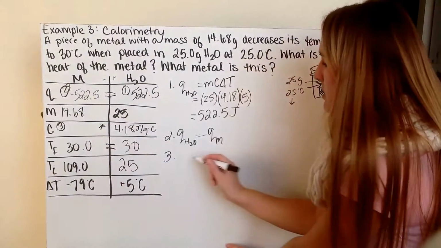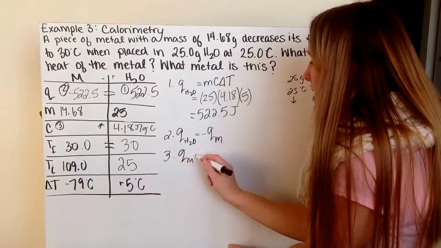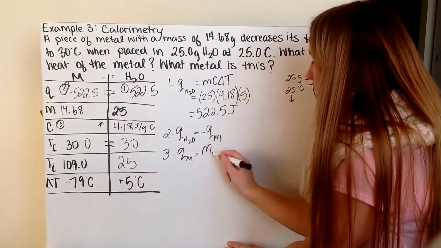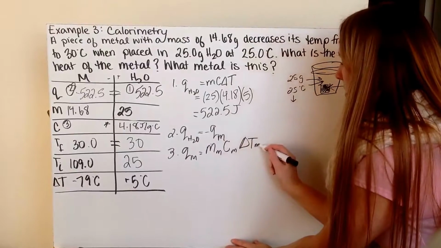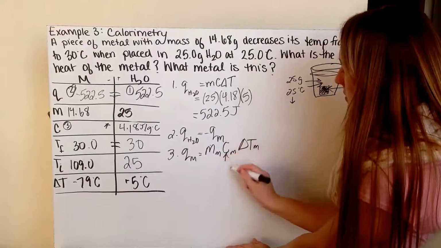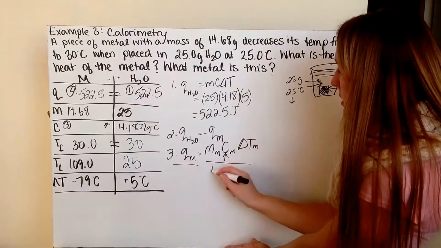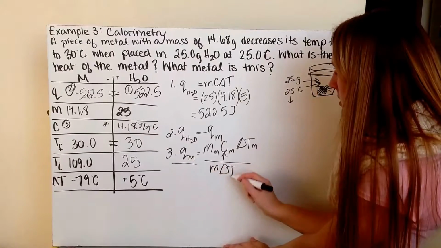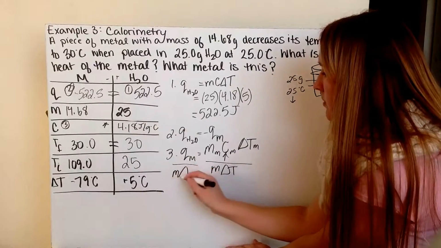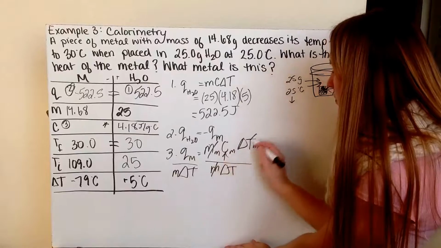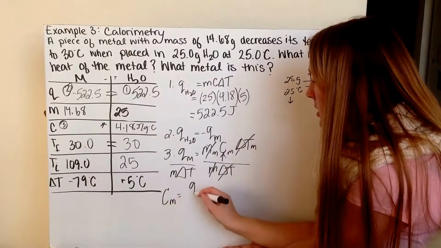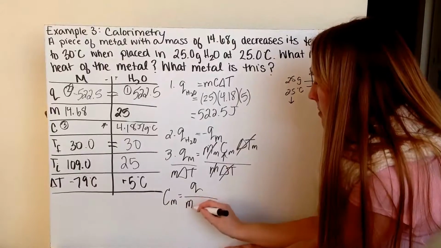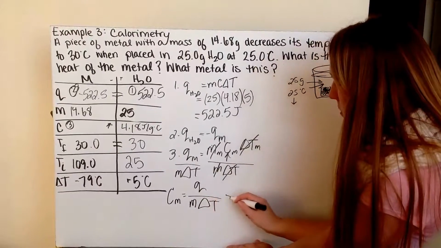Now step 3, I have my Q, my mass, my change in temperature. I can solve for specific heat. Q of my metal is equal to the mass of my metal, specific heat of my metal, change in temperature of my metal. Looking for specific heat, so I divide both sides by mass times change in temperature. So specific heat of my metal is equal to the Q over mass times change in temperature.